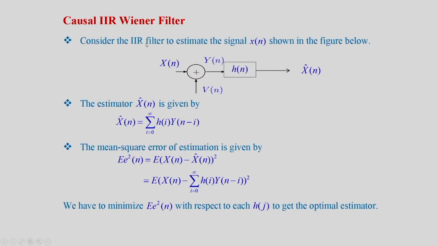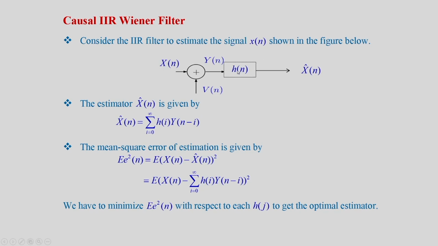Let us consider this filtering problem. Consider the IIR filter to estimate signal x n as shown in the figure below. Here x n plus v n, that is our observed signal y n, and we apply the IIR Wiener filter with filter coefficients h n to get the estimated signal x hat n. So, this is the IIR Wiener filter structure.